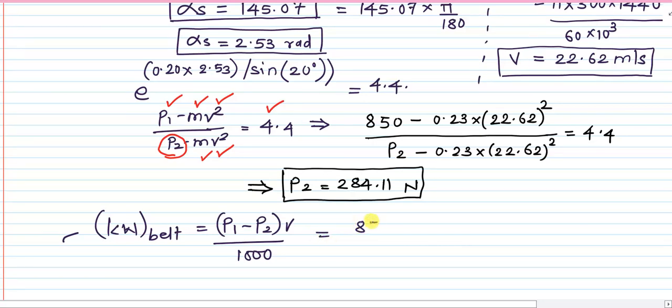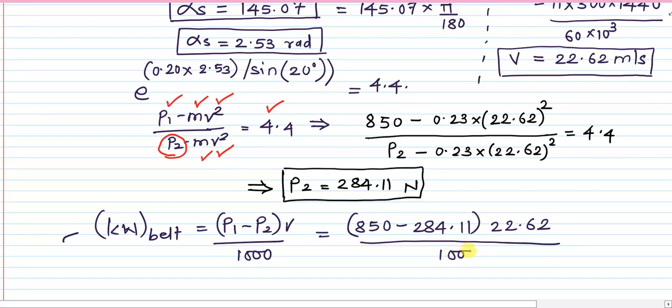So P1 is 850, P2 is 284.11, multiplied by velocity 22.62 meter per second, divided by 1000. Now when you calculate this, kW per belt comes out to be 12.8.